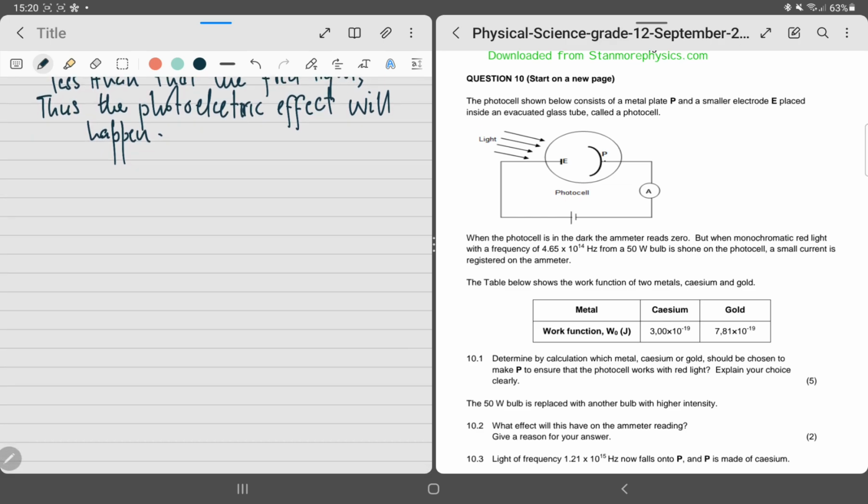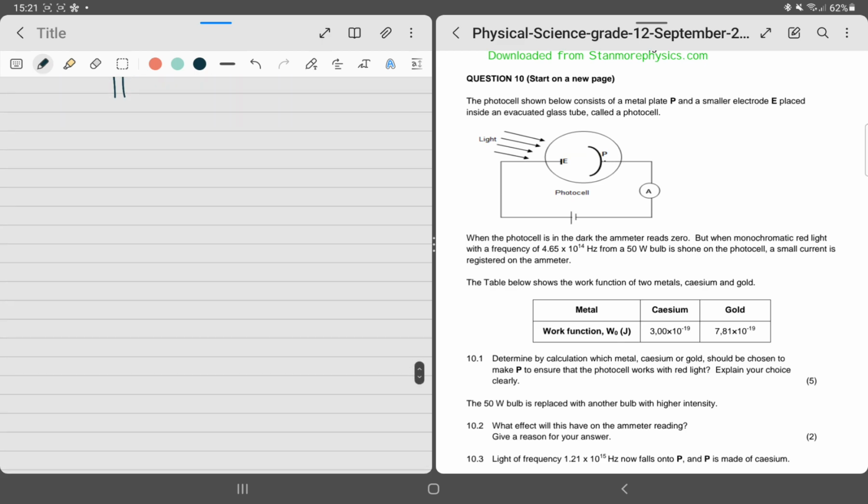Moving on, the 50 watts bulb is replaced with another bulb with a higher intensity. So when you increase the intensity of the light, the energy of the light remains the same. Because remember, energy is given by hf. So if you are using the same light source, it means that the frequency of the light doesn't change.